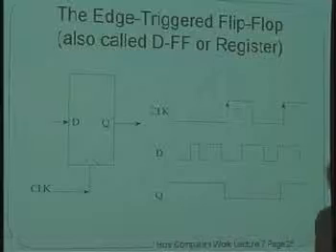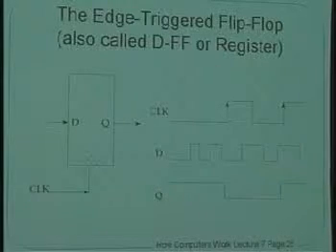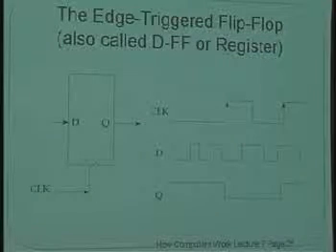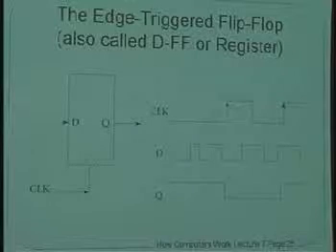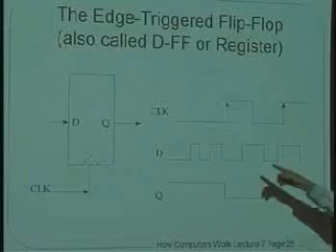Okay, let's do the final thing here, which is, how do we build a flip-flop? Well, a flip-flop's a little different than a latch. Remember the latch, when the gate was high, it was transparent. D was transferred to Q as long as the gate was high. That's not true here.